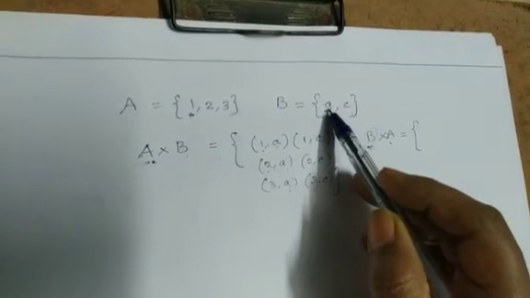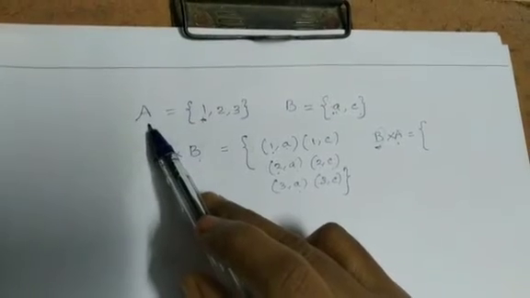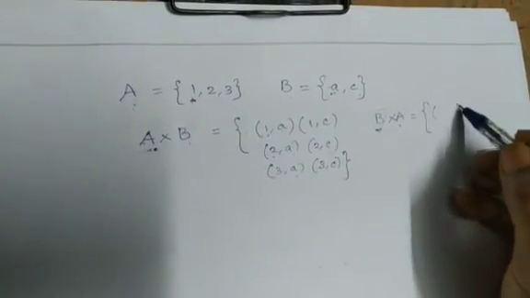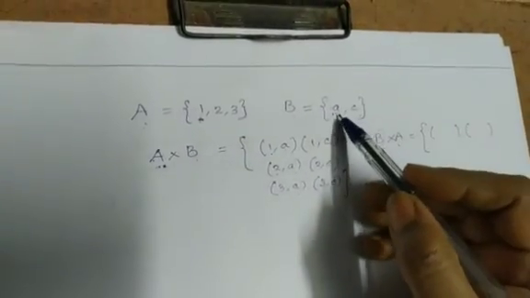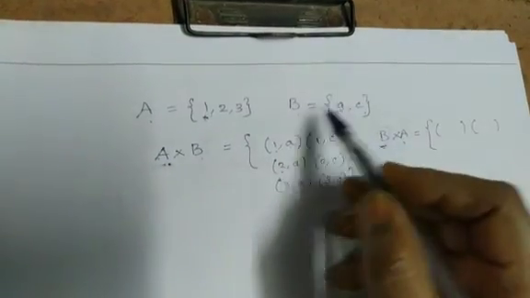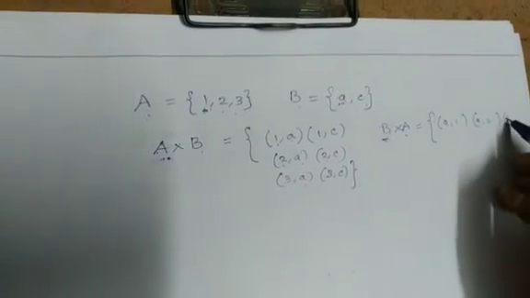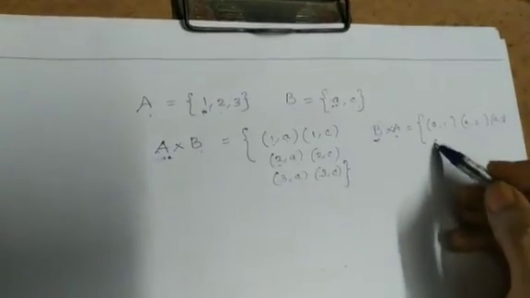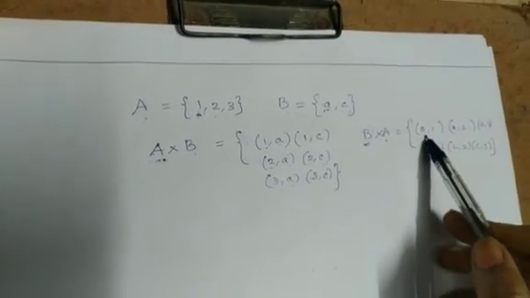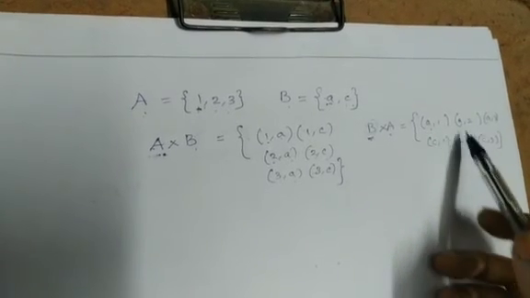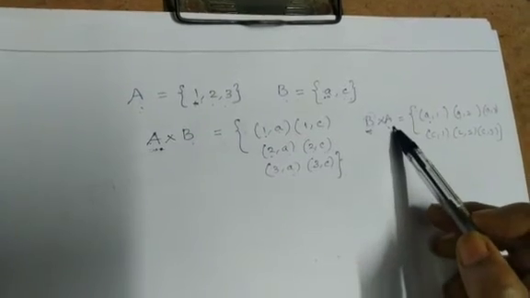Hence, the first element is a, and the second element comes from the set A. Therefore, we write the elements in ordered form: (a, 1), (a, 2), (a, 3), and then (c, 1), (c, 2), (c, 3). First elements are from the set B. Second elements are from the set A.